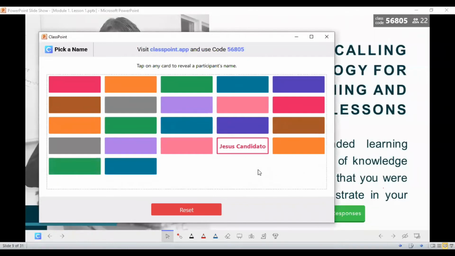Thank you so much, Mr. Gerald. Next, Jesus Candidato. I think the learning outcome that I was not able to achieve is utilizing the ICT tools in making things such as presentations and etc. I think kasi sir, I do my best.